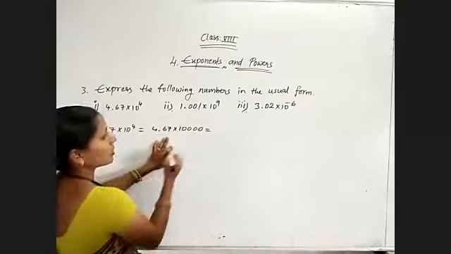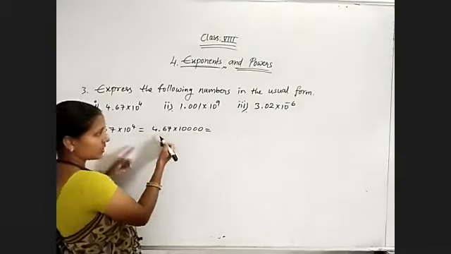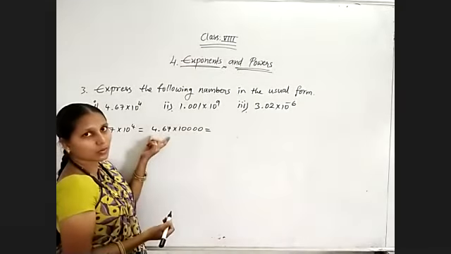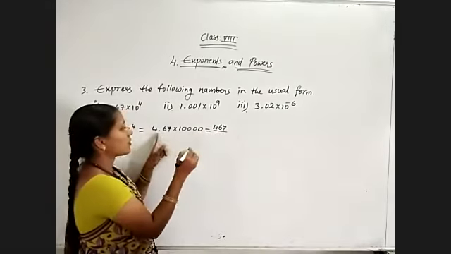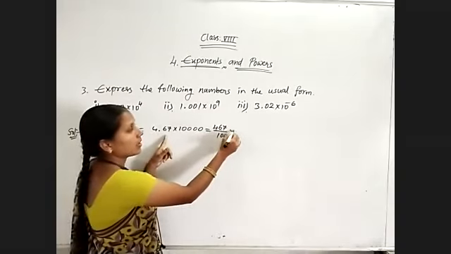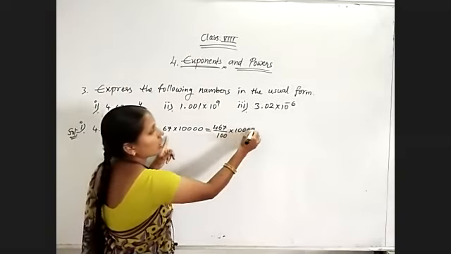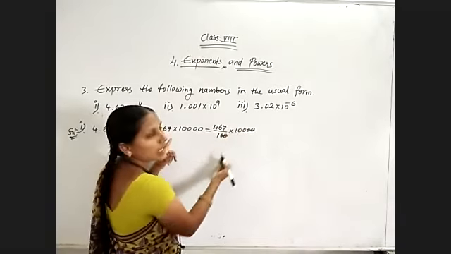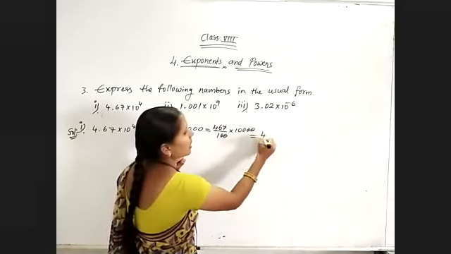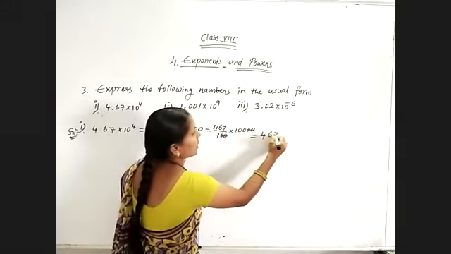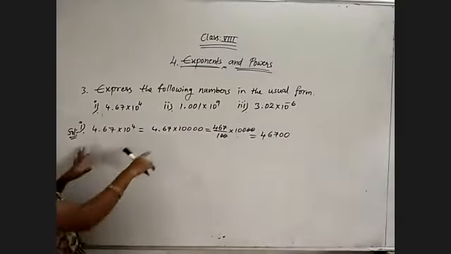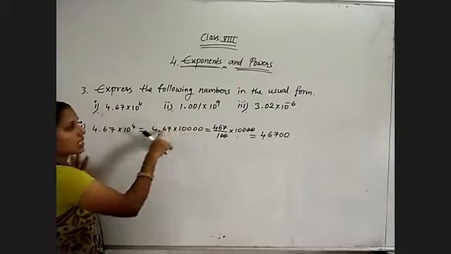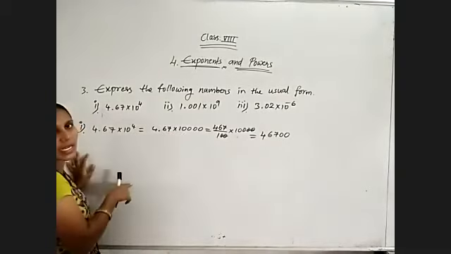If you want to convert into fraction form, 467 by 100, because of 2 decimal digits, into 10,000. 2 zeros will get cancelled. So the remaining number is 46,700: 467 and 2 zeros.